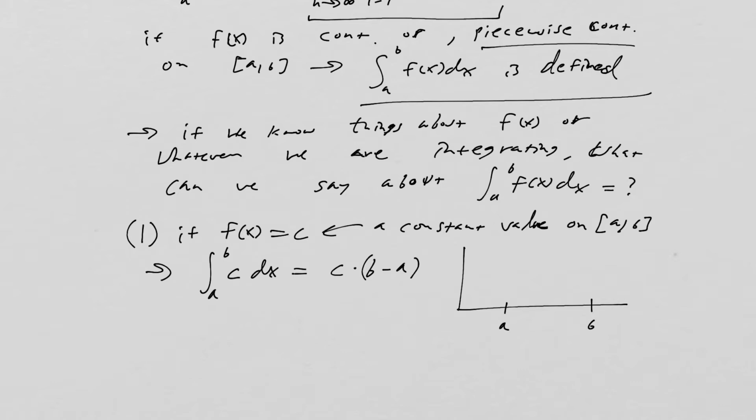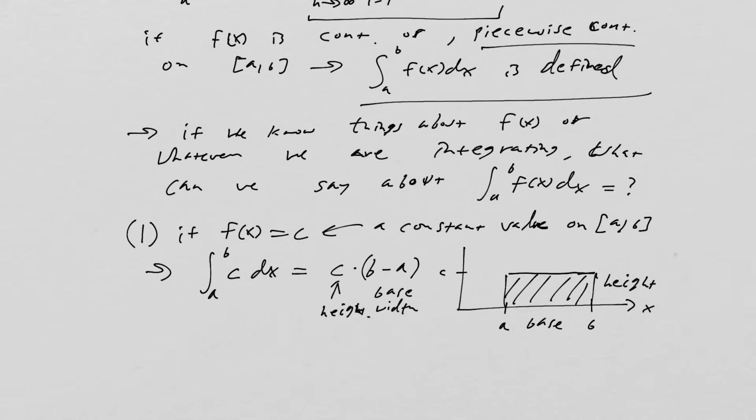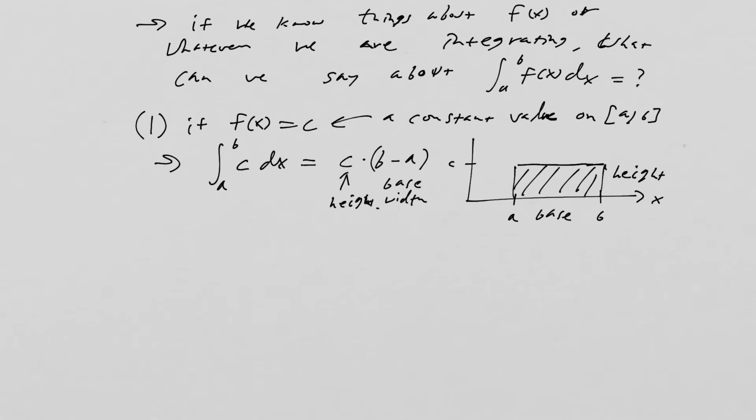If there's an a and there's the b, here's your x-axis, and c is this constant value, the function will just have that constant value over there. And of course the area under the curve is just the base times the height. That's the base width, and that's the height. So some basic geometry comes into play for that fact.